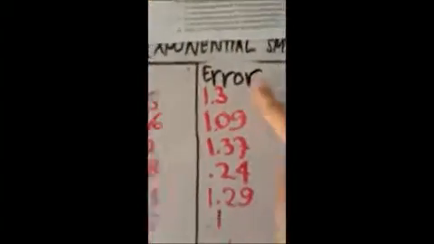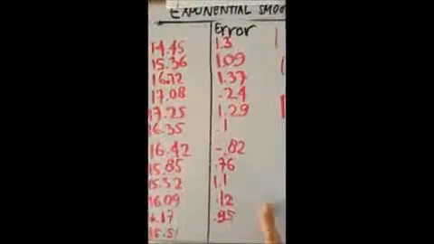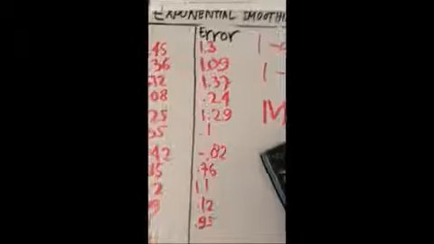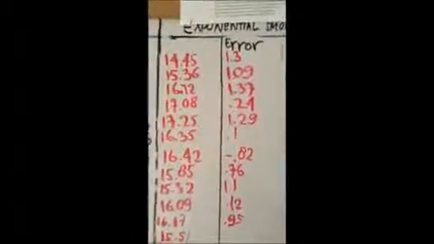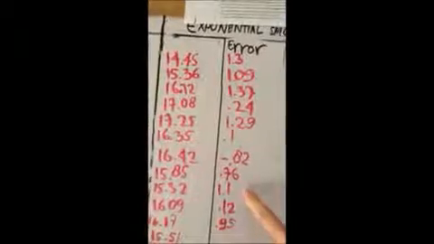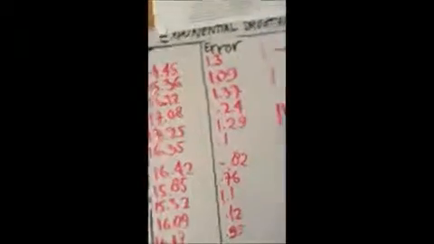We got 1.3. Here is the 1.3 and then do it so on after it is done. And then after that, we are going to square everything and then add everything up and then divide it by 1, 2, 3, 4, 5, 6, 7, 8, 9, 10, 11.